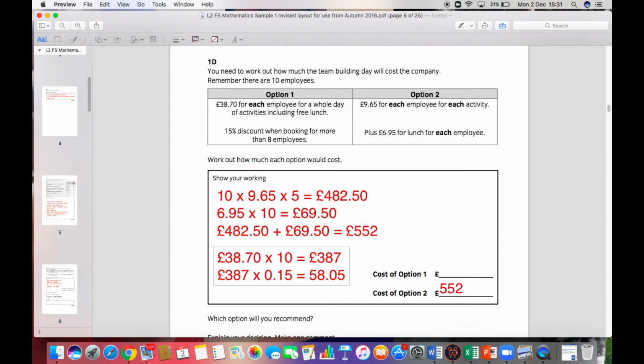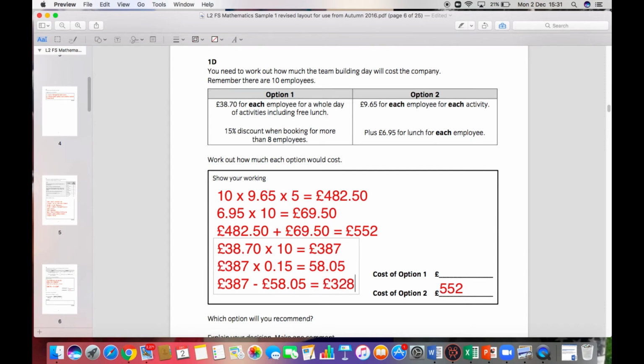That is my discount. If that is my discount, it then means that I have to do 387 take away £58.05. So 387 minus £58.05 gives us a total of £328.95.